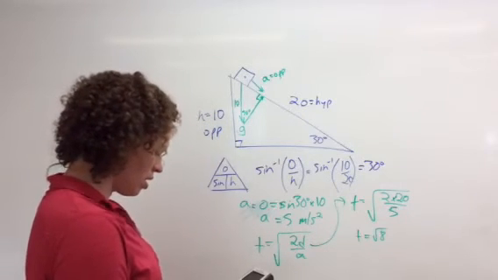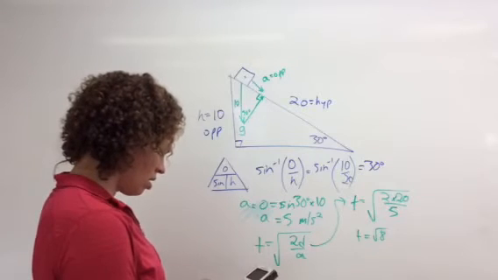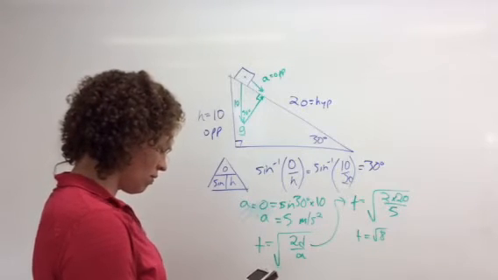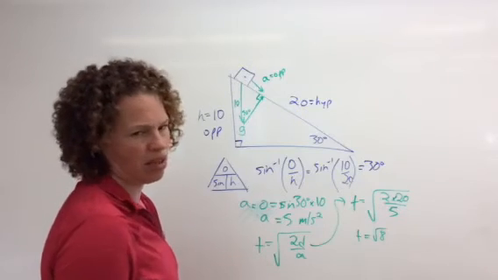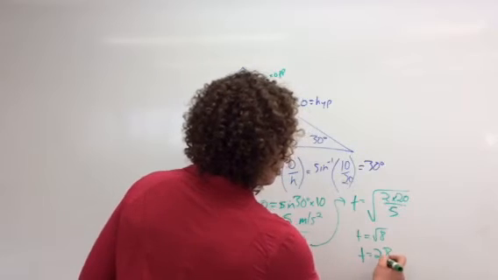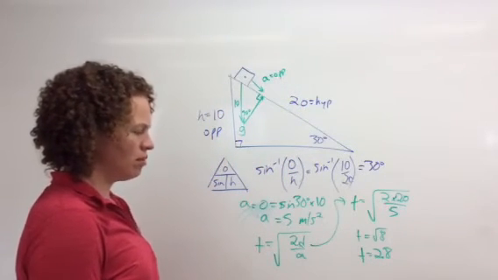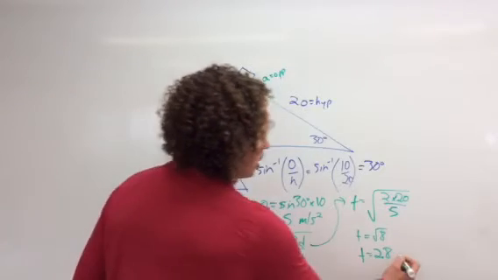Use our handy dandy calculator, and square root of 8 is 2.8, close enough. They've already messed with our accuracy, making 9.8 equal to 10, so that's 2.8 seconds.